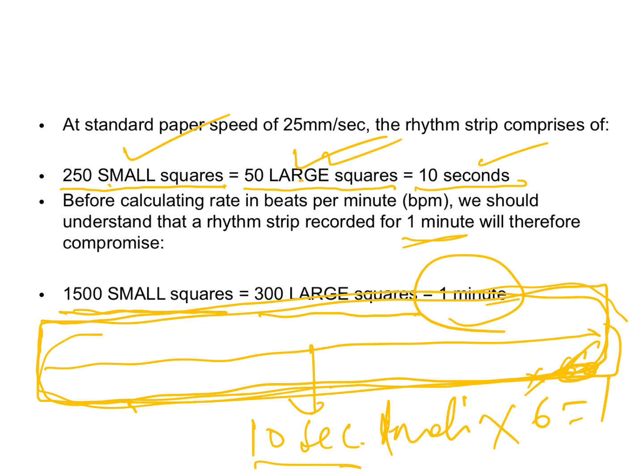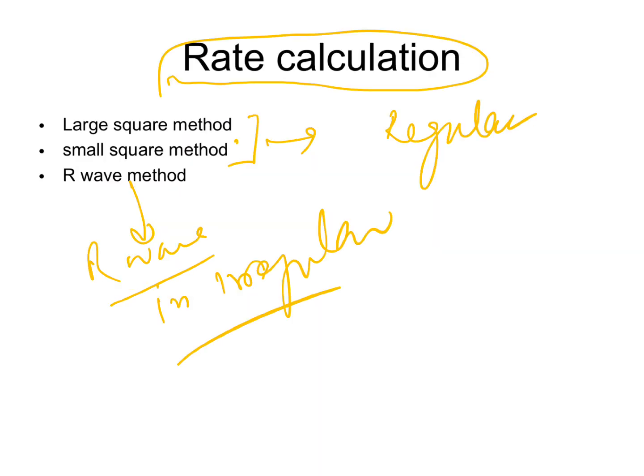So 1 minute will contain 1500 small scale or 300 large scale. Since we have to calculate heart beats per minute, we will be using either small scales or large scales, and a 1 minute ECG strip will contain 1500 small scale and 300 large scale.